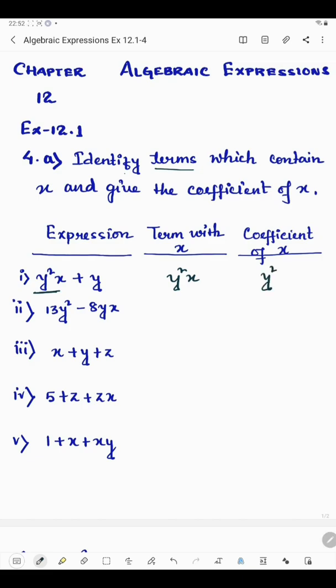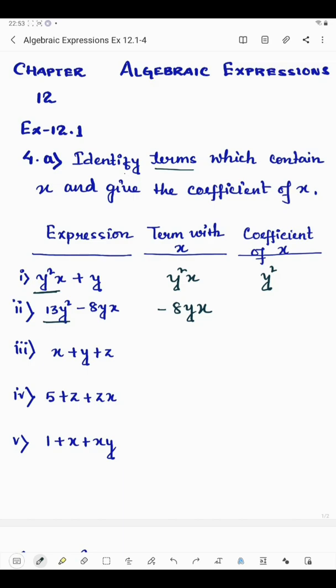Now in the second part we have 13y square minus 8yx. Since in the first term x is not present, we will just take minus 8yx, as in this term x is present.